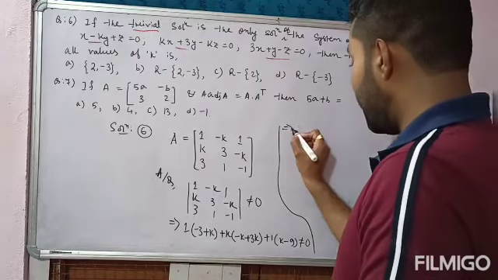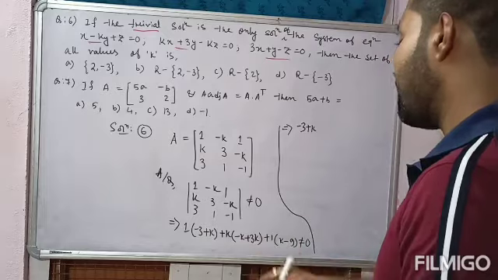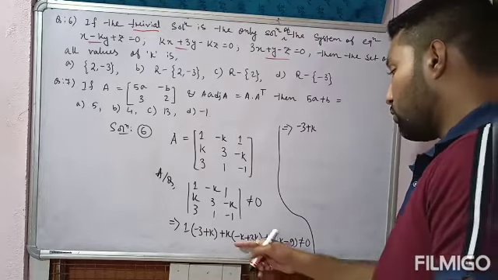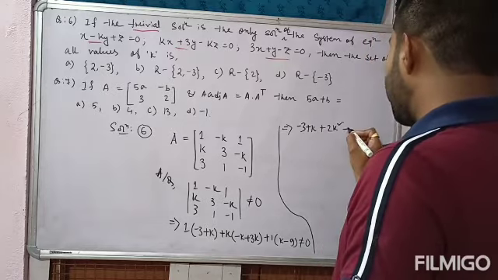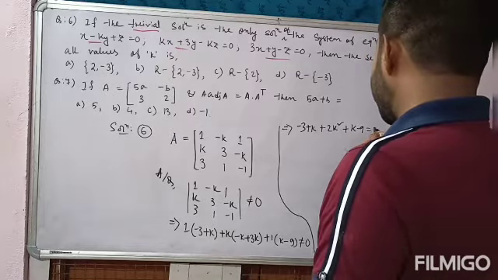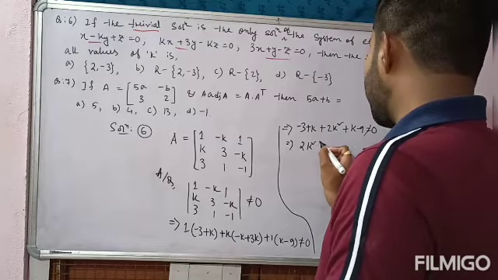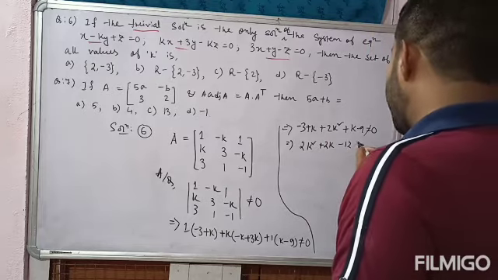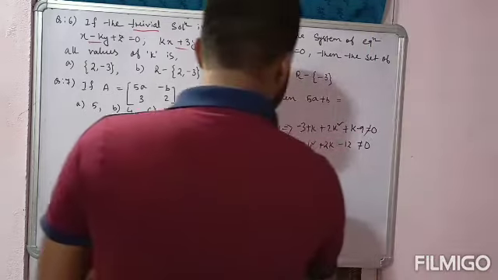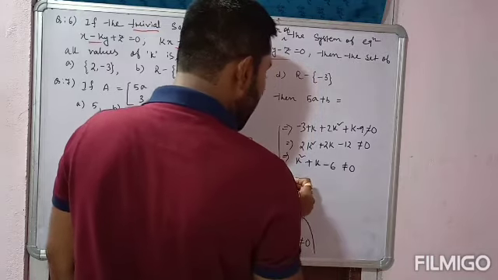Now simplify this one. Minus 3 plus k, minus k plus 3k is 2k, so 2k into k, that is 2k square, plus k minus 9 is not equal to 0, that is 2k square plus 2k minus 12 is not equal to 0. So if I take 2 common, then k square plus k minus 6 is not equal to 0.